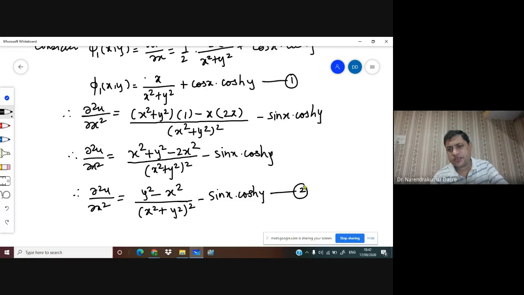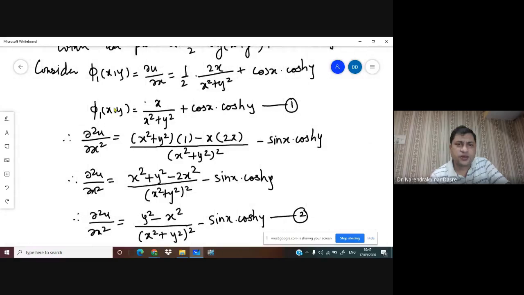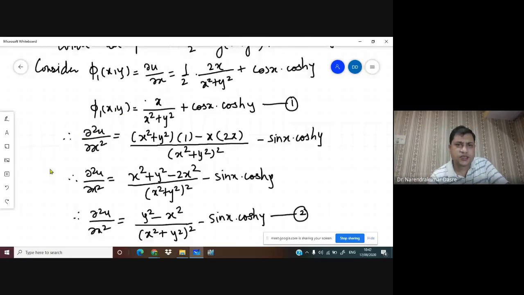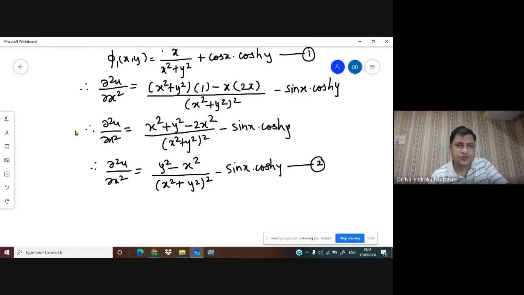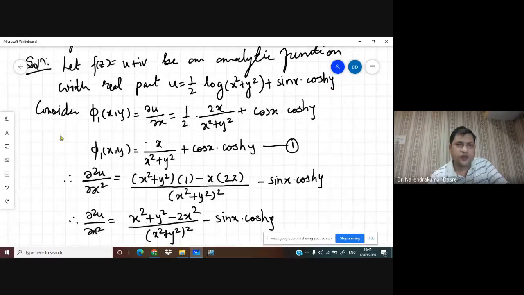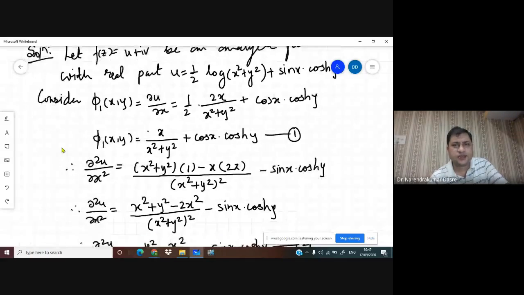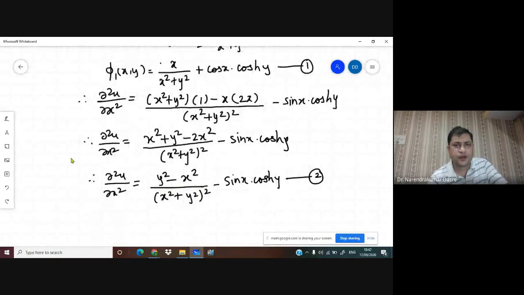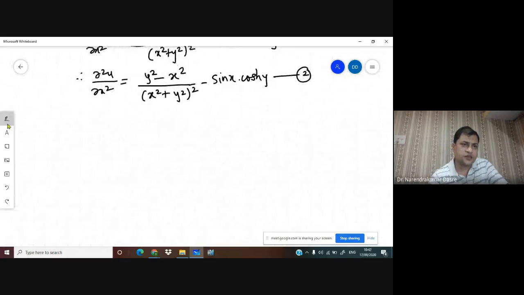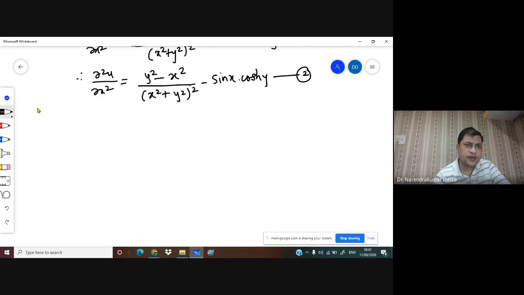Let this be equation 2. Now see, we got the first order derivative with respect to x and the second order derivative with respect to x. Now we have to find the first order derivative with respect to y and the second order derivative with respect to y.